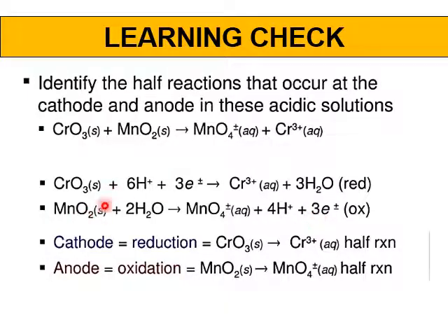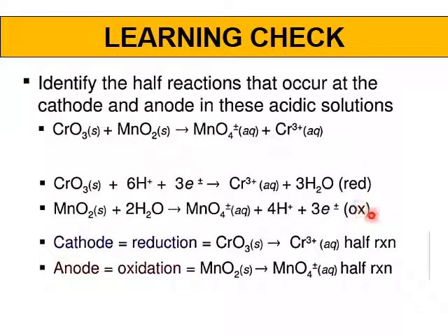Now you balance this one with H2O, while you balance the right side with H. Same goes to this, you put 2 H2O first, for example. So now how many oxygen do you have? Oxygen 2 here equals oxygen 4 here, so it's balanced. Next you have 4 hydrogen, where you need to balance the extra 4 hydrogen on the right. Okay, so this process is loss of electrons, the process is oxidation.